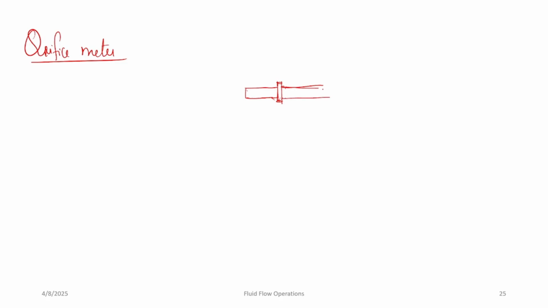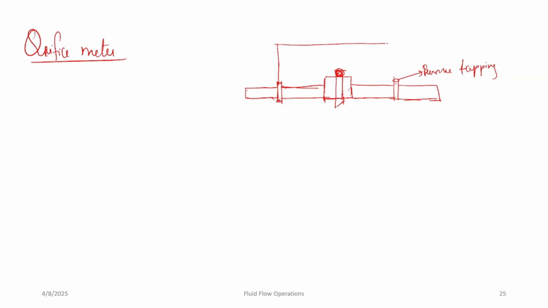So these are the pressure tapping holes. Then we also have the lower section.